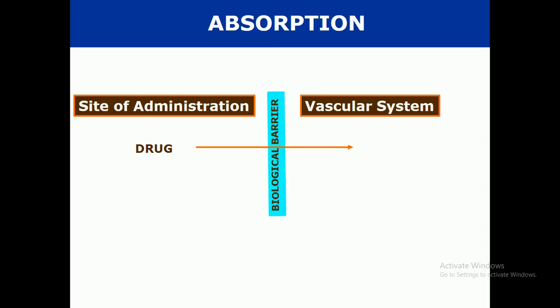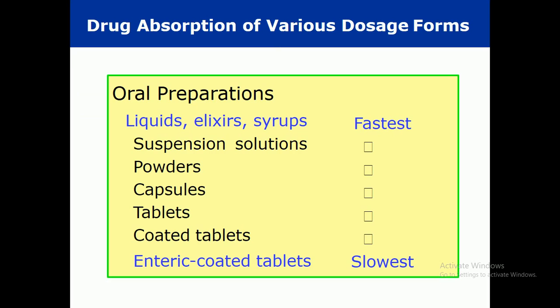Let's suppose you administer an oral drug, so the absorption of an oral drug will definitely be slow as compared to parenteral, the injectable. If you administer a drug in the form of injection, its absorption will definitely be fast.